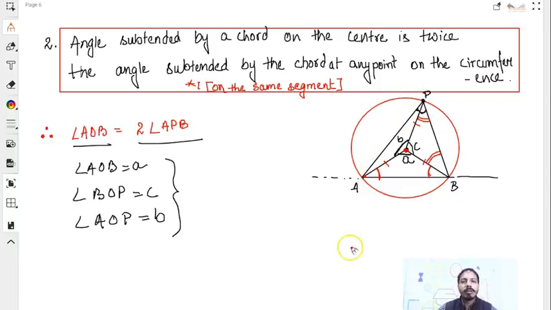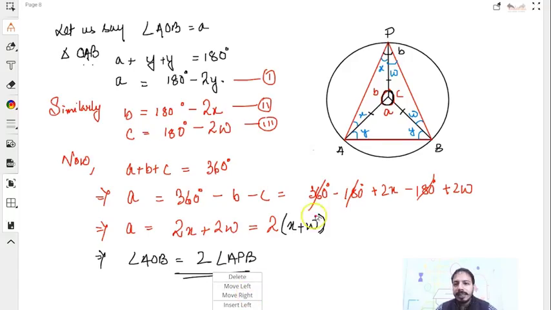Similarly, this angle should be equal to this angle. So let us name these angles also. We can name this as Y and this also as Y. Let us say this is X and this angle is also X, and this angle as W and this angle as W. Now we can start relating them.